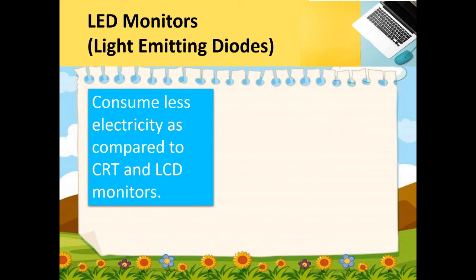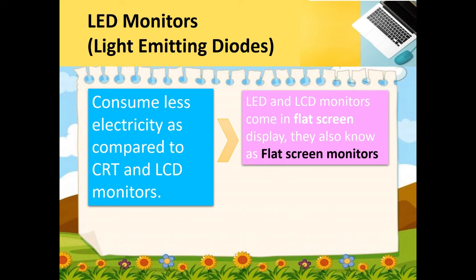The last one is LED monitors, or we can say light emitting diodes. They consume less electricity as compared to the CRT and LCD monitors. LED and LCD monitors come in flat screen display. They are also known as flat screen monitors.